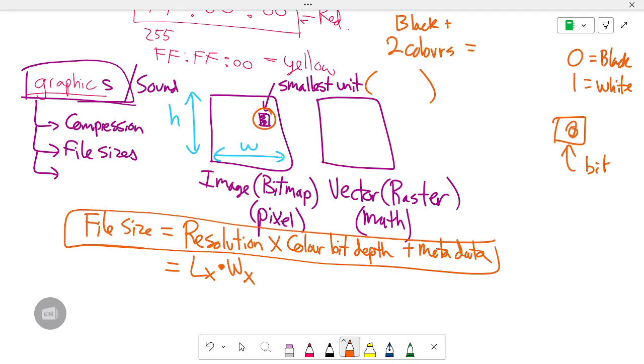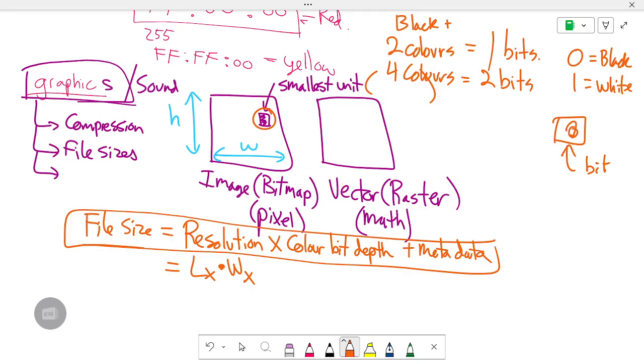So how many bits do I need? 1. I only need 1 bit. Agree or disagree? Okay, so if I have 4 colors, how many bits do I need, Chet? I need 2 bits.